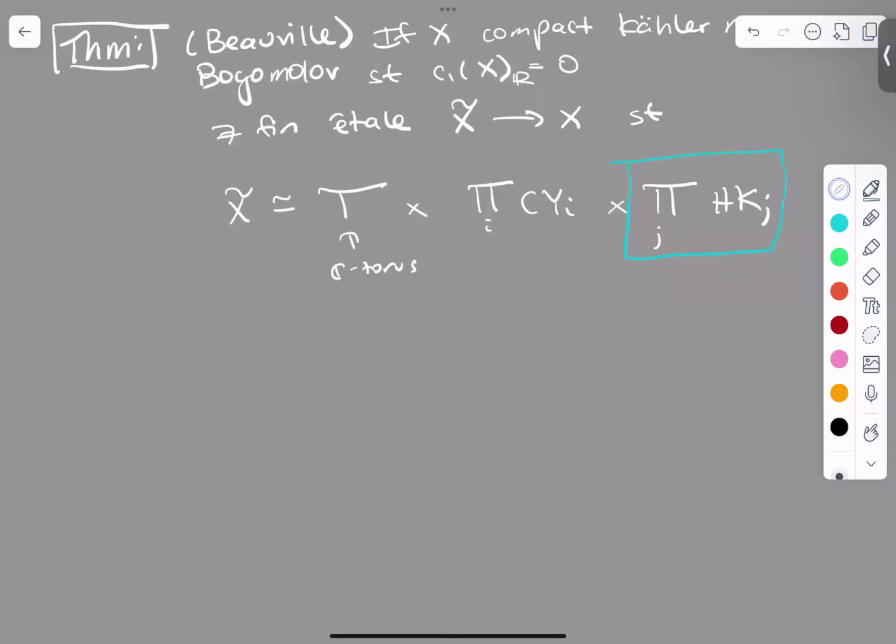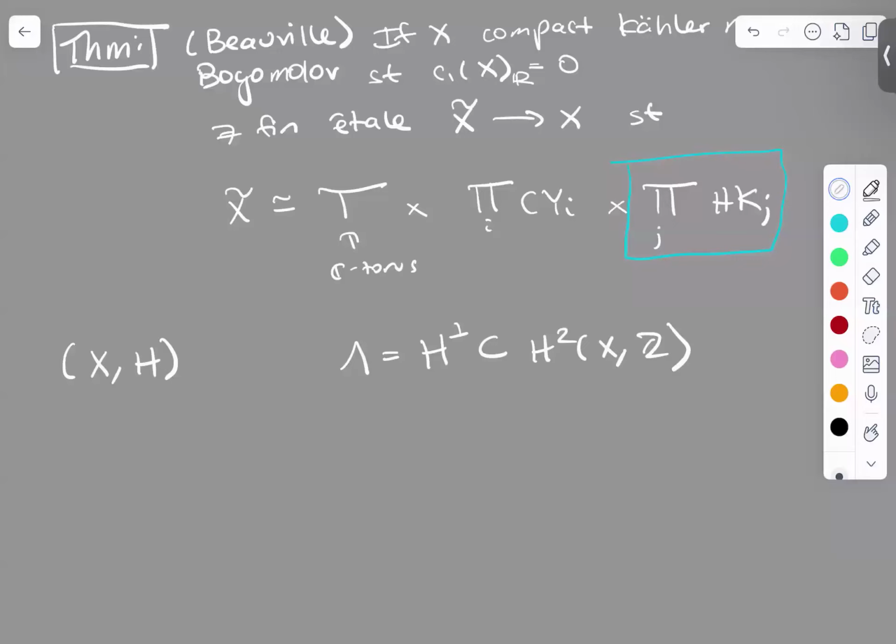And for today, the aspect in which they behave like K3 surfaces that we care about is at the level of their cohomology. So if we again consider a pair X comma H, where X is a hyperkähler manifold now, and H is some choice of polarization or quasi-polarization on the variety, I can again consider the lattice lambda given by taking the perpendicular of this H inside of the integral cohomology of my variety.